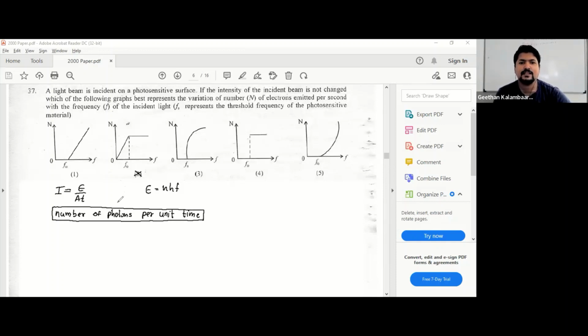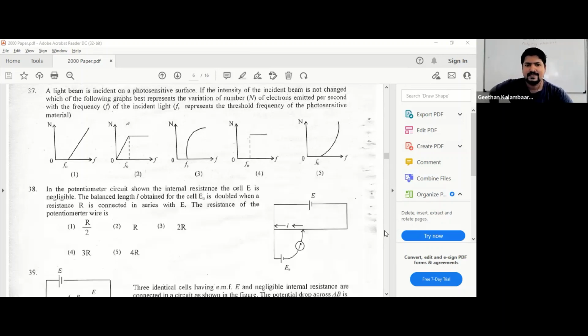So the number of electrons emitted per unit time, it's also constant. So that has to be the fourth one. After f naught, you can emit the same number of electrons for every frequency, because for every second it's the same number of photons which incident on the surface. So it will be the same constant amount.